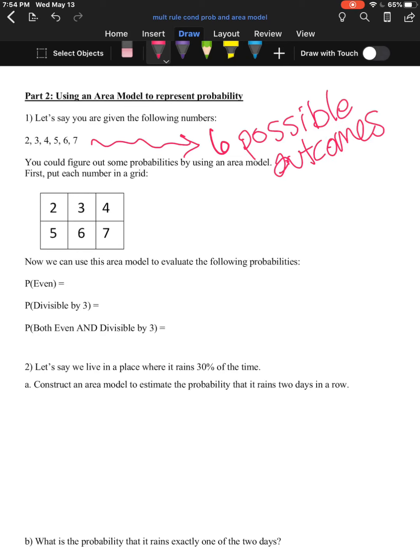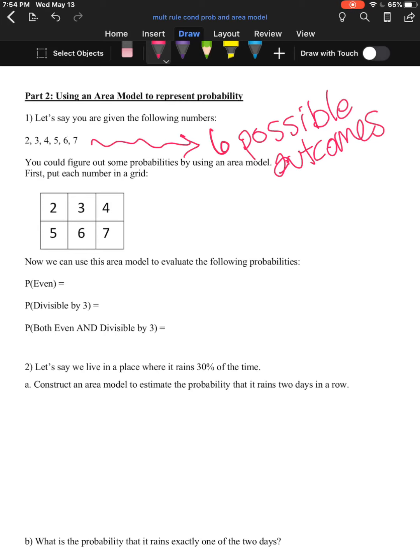You can figure out some probabilities by using an area model. So first we would place it in a grid. It can be a square or rectangular grid depending on what you're working with. Here are our numbers, 2 through 7. We have some even numbers and some odd numbers.